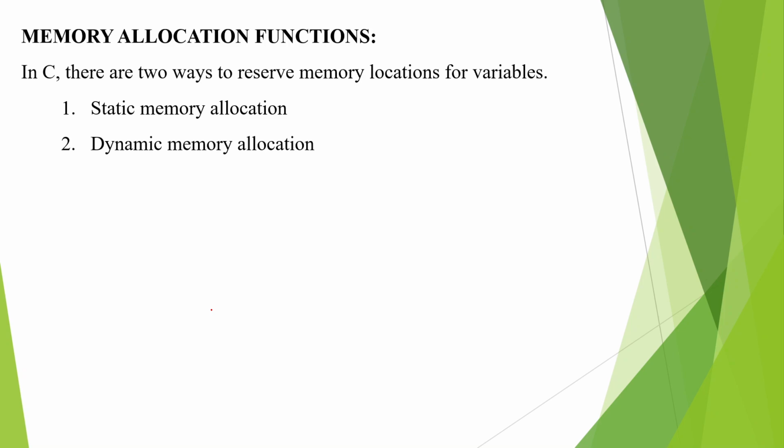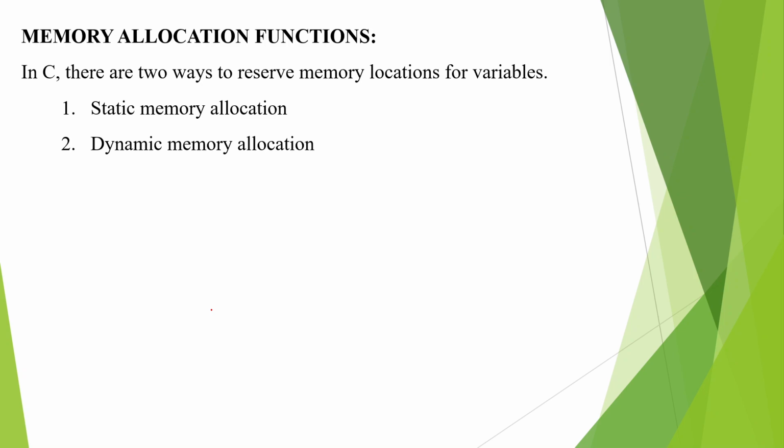How the computer allocates that memory to your programming constructs, we call that concept memory allocation. Memory allocation is nothing but allocating memory for our programming constructs, maybe variables, arrays, pointers, structures, or functions. That process we call memory allocation.